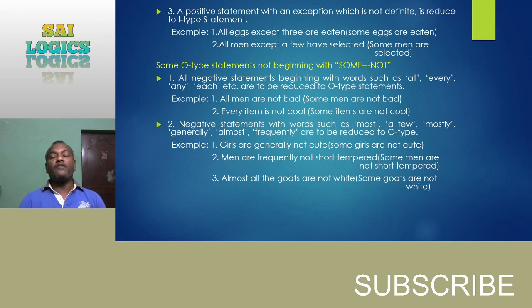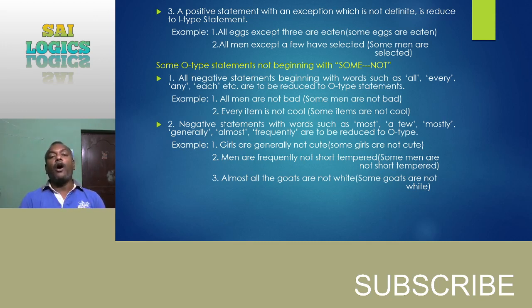So O type we will find just opposite to A type and I type. A type is a positive one, I type is also a positive one. So there we have discussed 5 types of cases wherein we can rewrite the statement into A type or I type. All the 5 categories against, that means in negative sense, will be reduced to some not.